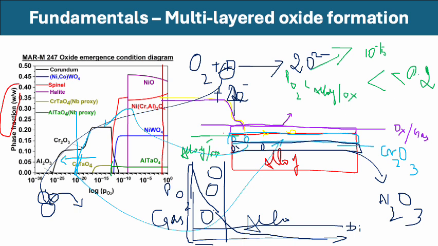So if you're forming a slow growing oxide, then it is good for the material. So we optimize the alloy composition to make sure that we get a slow outward growing oxide, which means it grows slowly and it consumes less of your material and maintains the structural integrity.